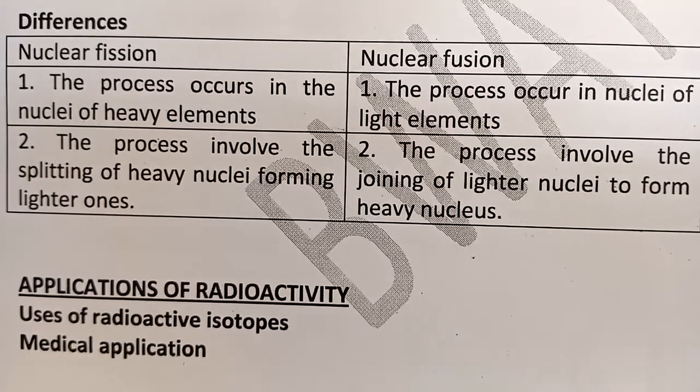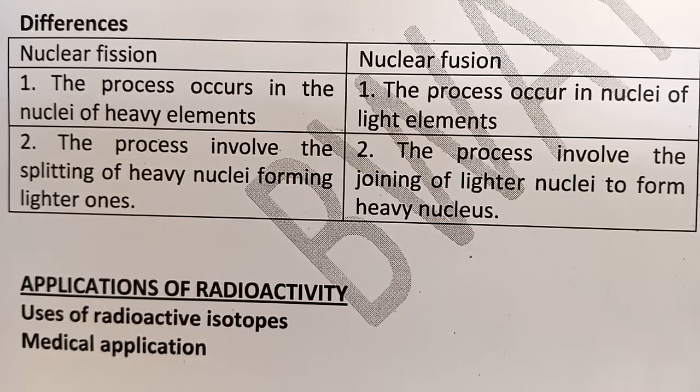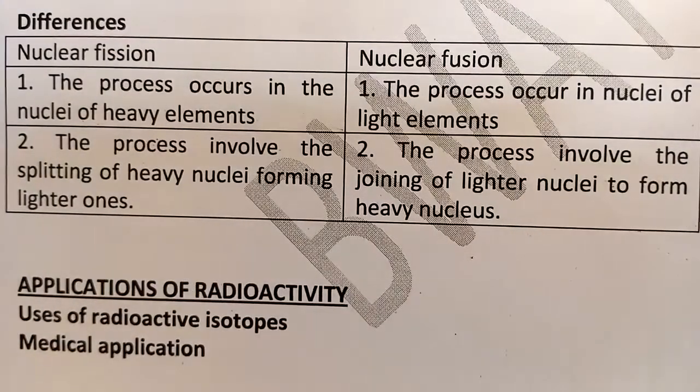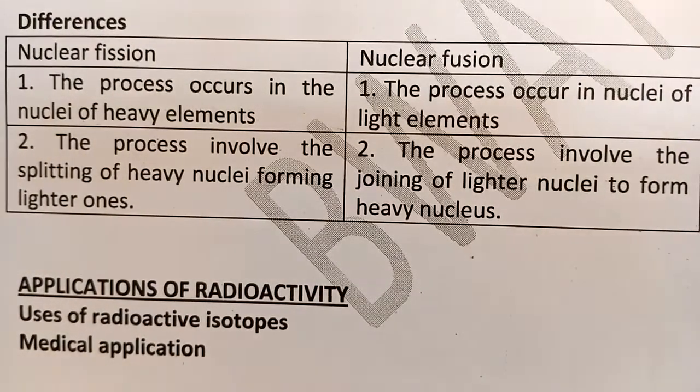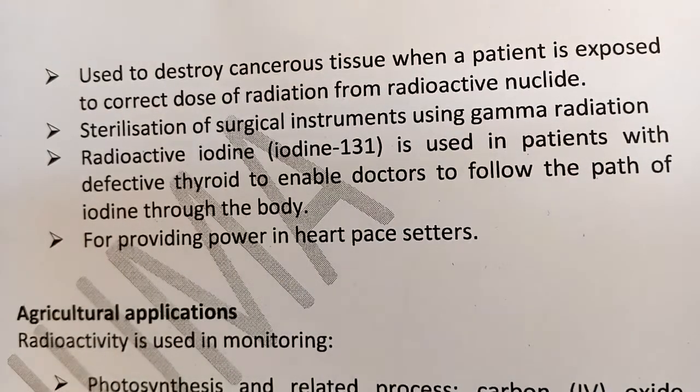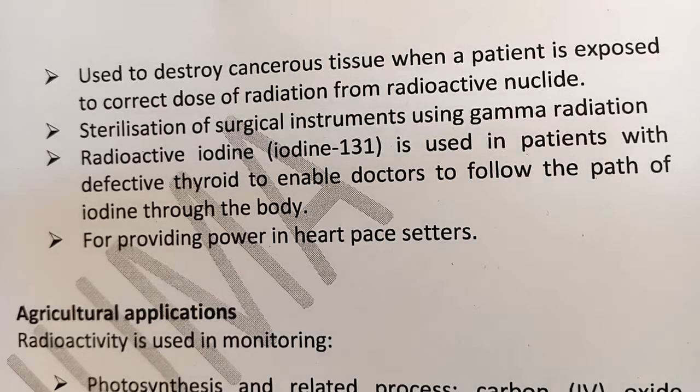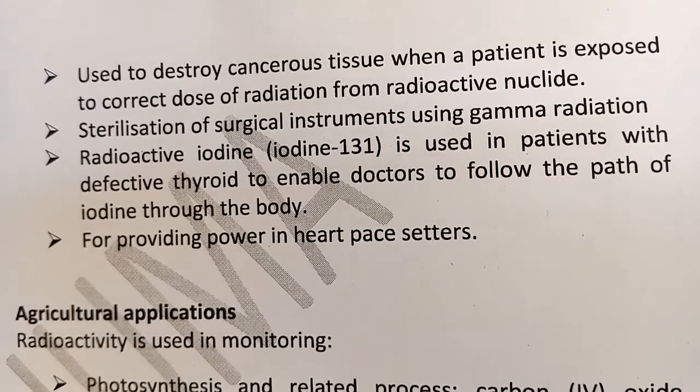The first area that we are going to consider will be medical application, and the following are the applications in the field of medicine. Radioactivity is used to destroy cancerous tissues when a patient is exposed to the correct dosage of radiation from a radioactive nuclide.